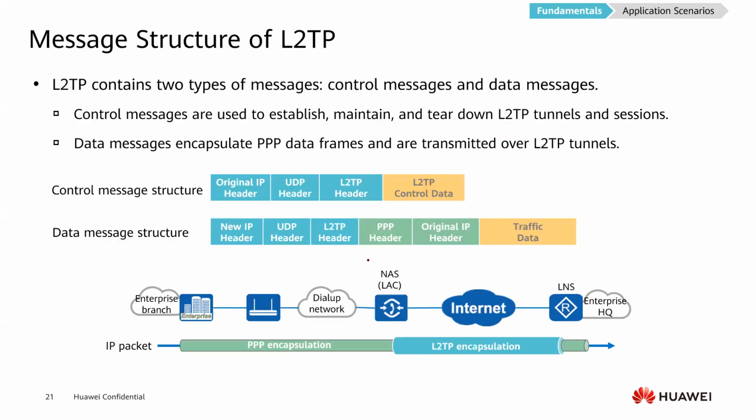So let's look at the message structure for the L2TP packet first. There are two types of packet: one is for control, the other for data forwarding. Control messages are exchanged between the LAC and the LNS, and for data messages, most of the time it's a PPP packet.